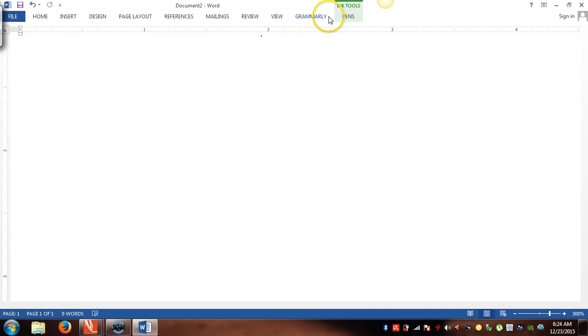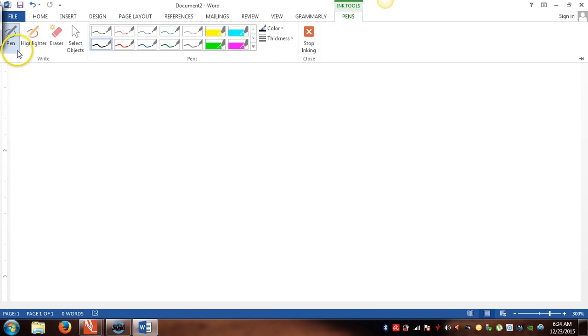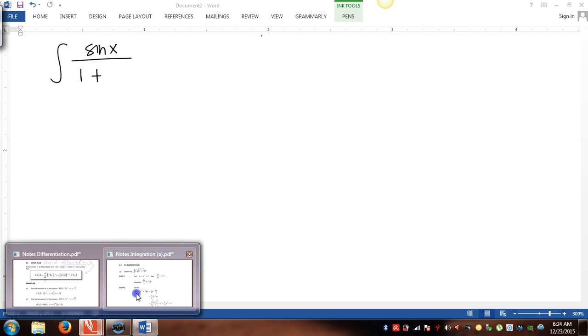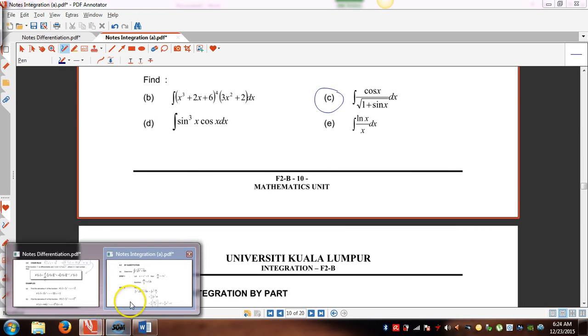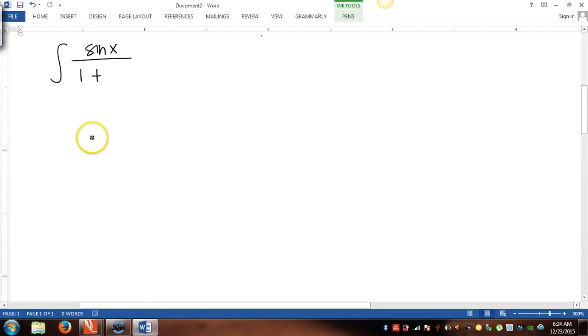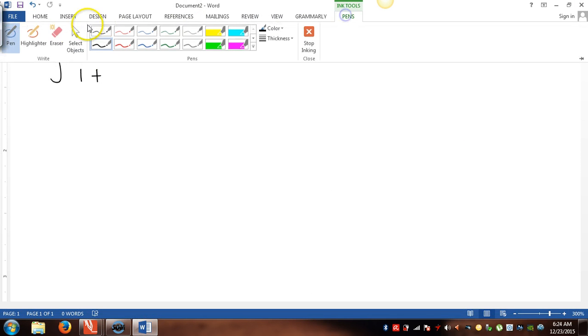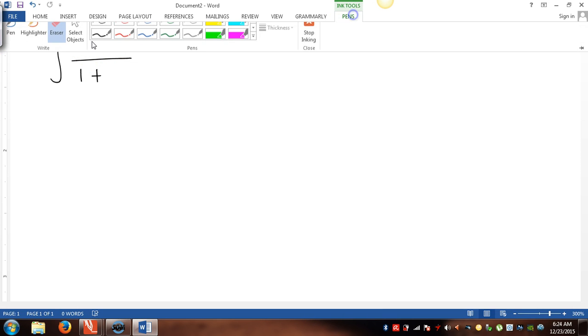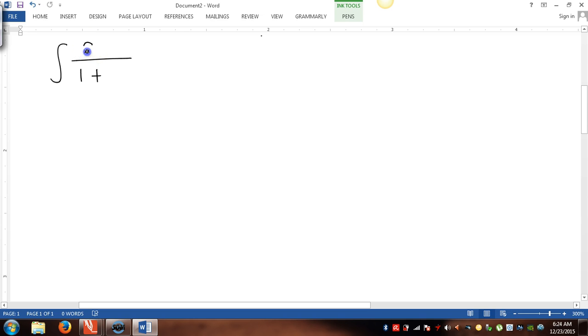We have the integral of cos x over the square root of 1 plus sin x dx.